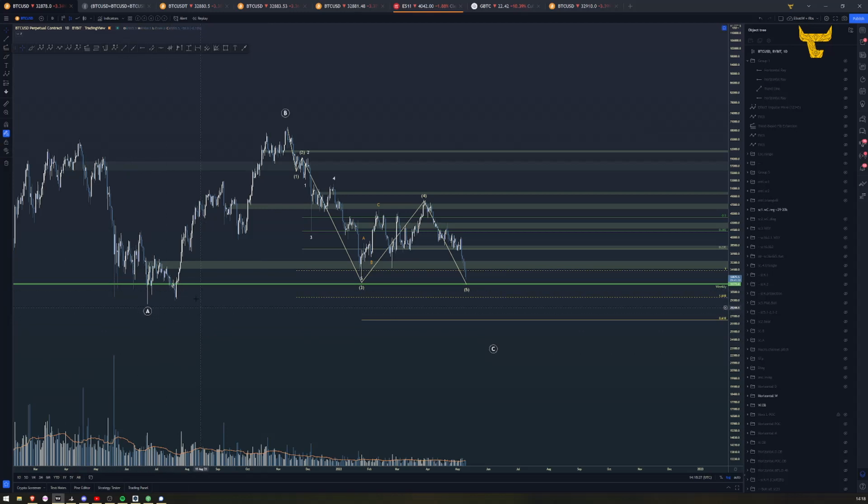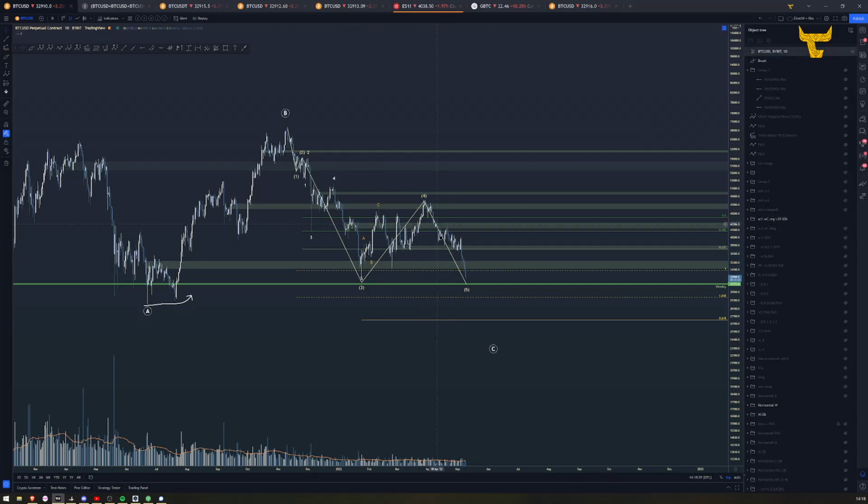Now I kind of feel that I wasn't sure that this low would be taken. I would have been ready to see this low being saved if we had a really quick move and a quick buyback, like we saw on this move down, like a stop run.